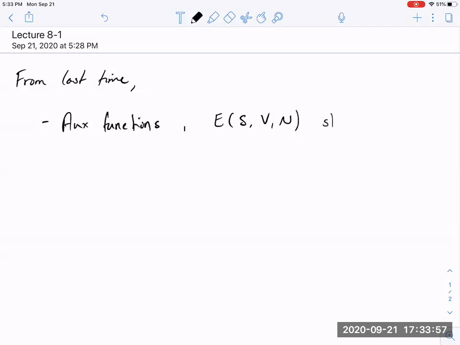So taking this as a starting point, we noted that it's kind of awkward to think about making displacements or changes, differential changes to the entropy. Usually one imagines in experimental setups fixing not the entropy, but maybe the temperature.